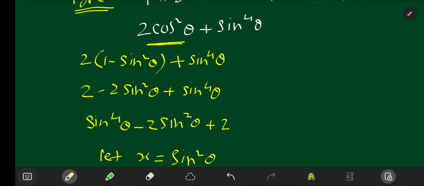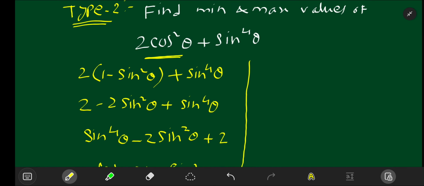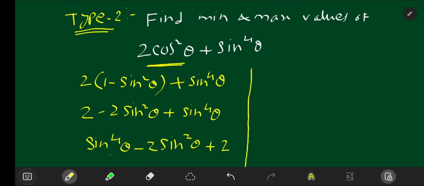So we can write the equation like this: sine power 4 is x square, minus 2 sine square is 2x, plus 2.